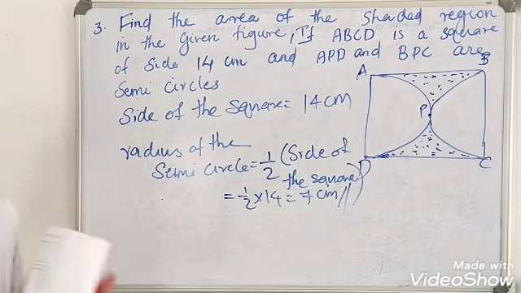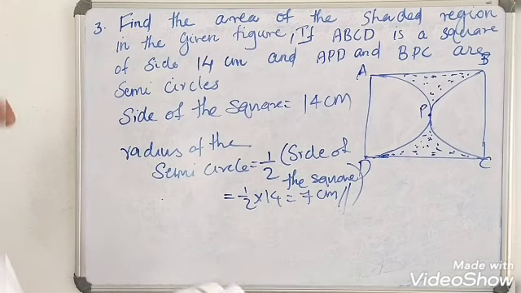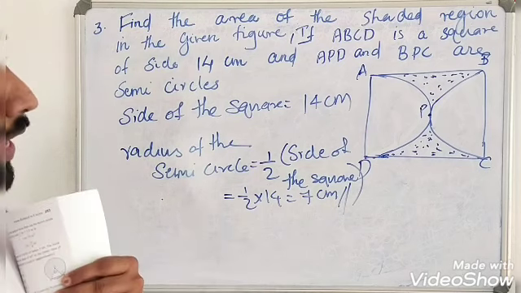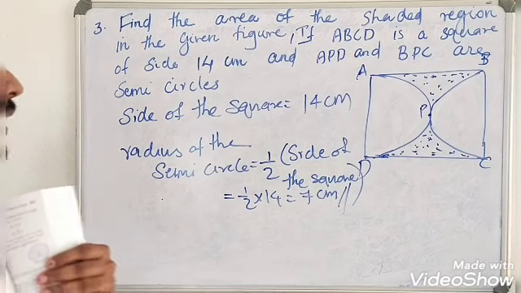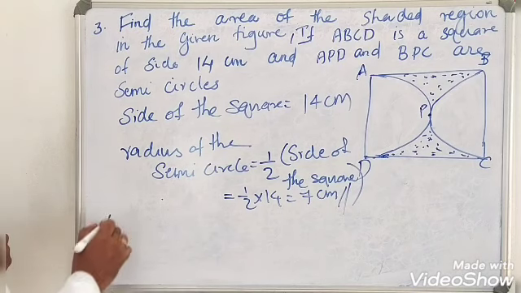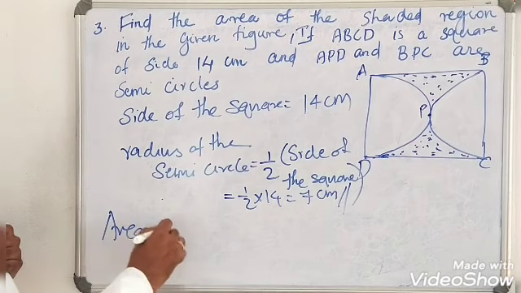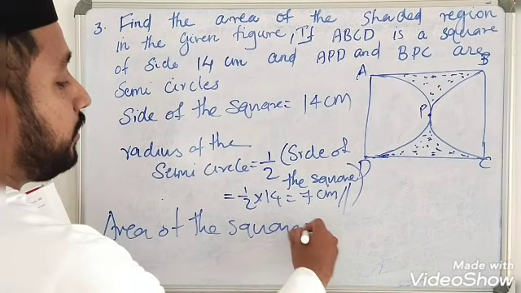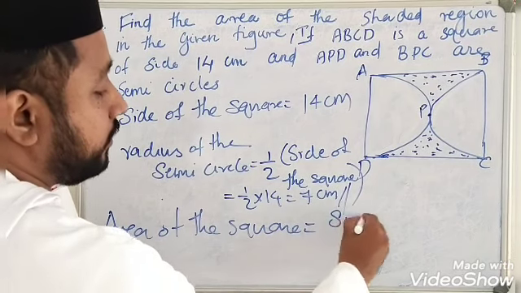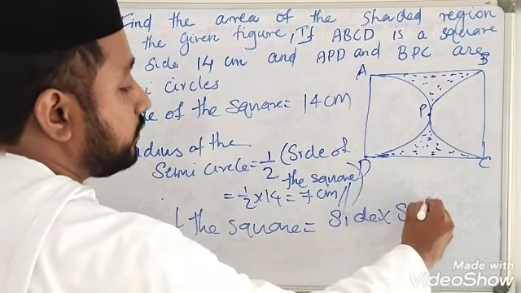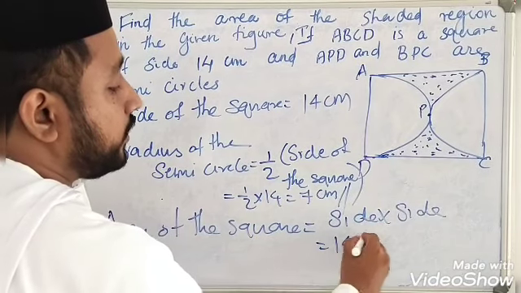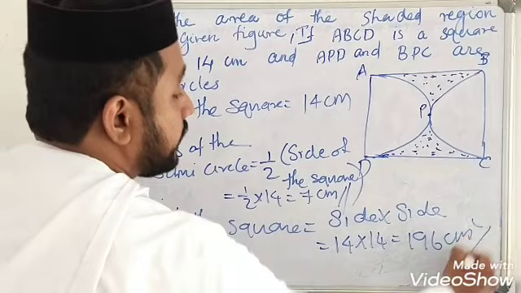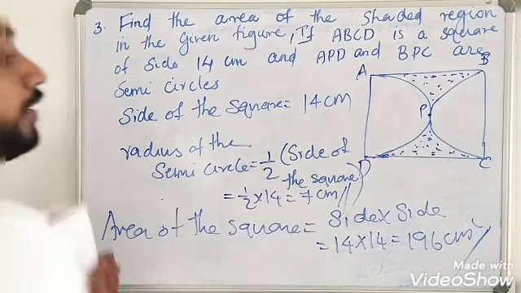We have to find the area of the shaded region. So we have the area of the square, that is side into side, 14 into 14, which is 196 centimeters square.